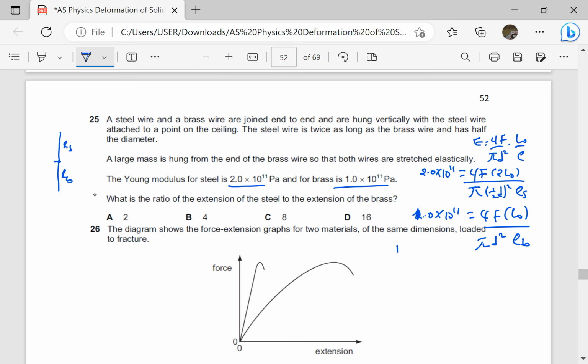So I have 1 times 10 power 11 divided by 2 times 10 power 11 should be equal to, when I divide these equations, 4F L naught divided by pi d squared times E brass. When I divide, I will get the reciprocal, so the denominator here goes up.